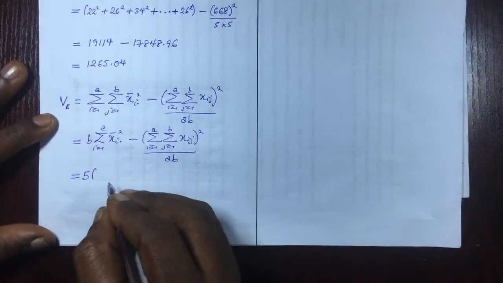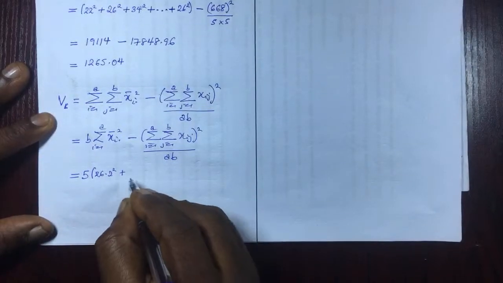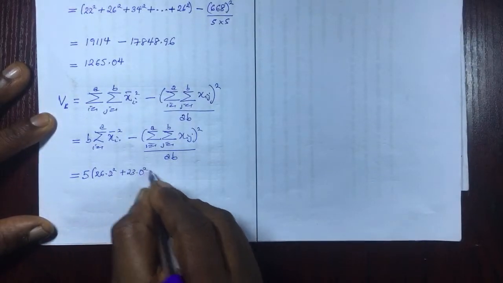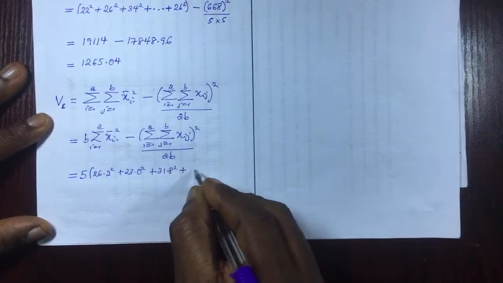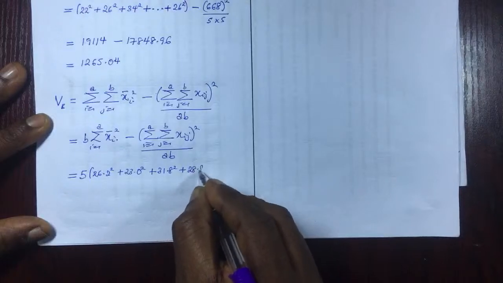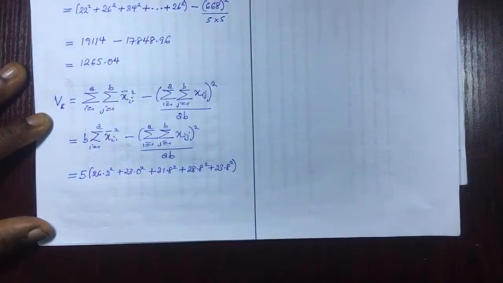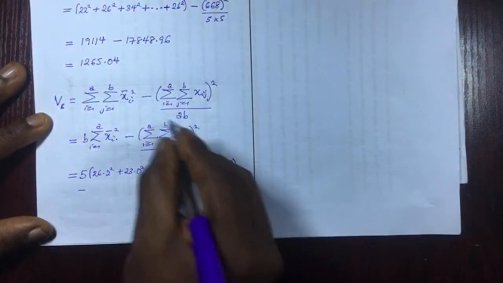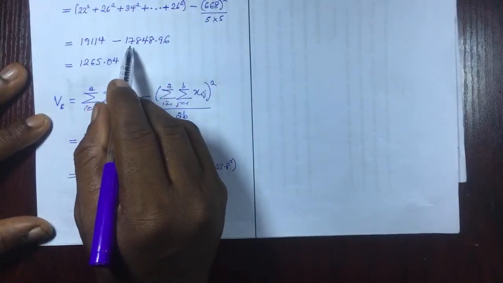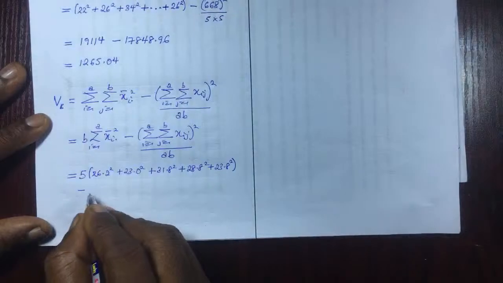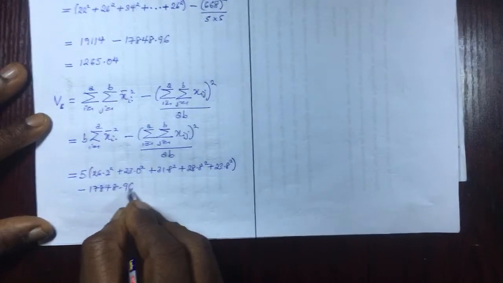So you would end up getting, if you do it correctly, 26.2 squared plus 23.0 squared plus 31.8 squared plus 28.8 squared plus 23.8 squared, minus the value we have for the correction factor already. Remember, we had it to be 17848.96. So I'm going to bring down that value here, 17848.96.